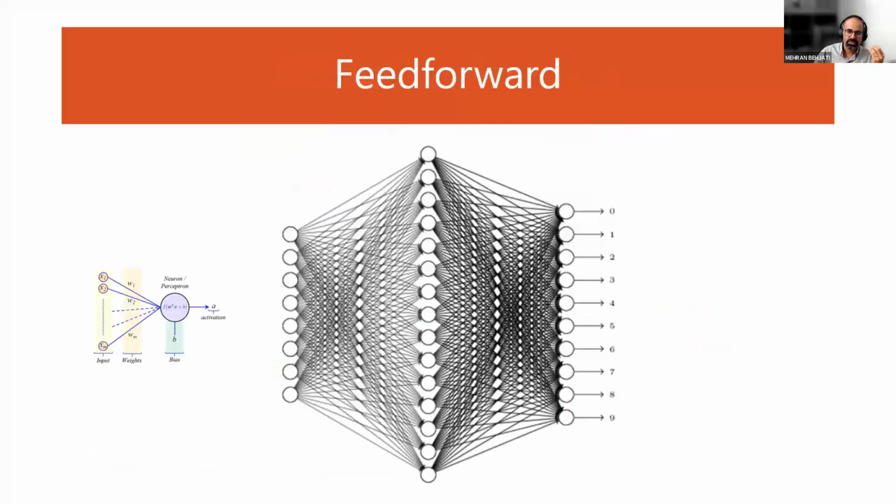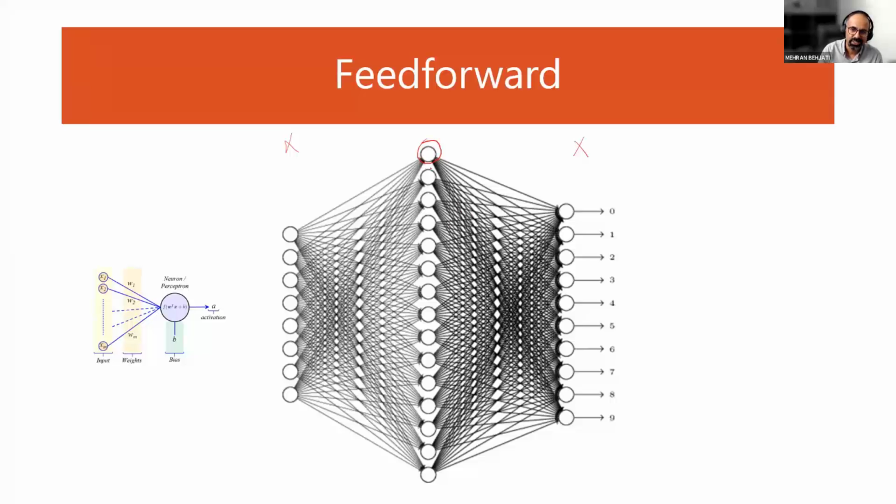Another terminology that we need to know is feed forward. Feed forward is moving from the input layer to the last layer. The operation that we discussed in the previous slide was only for one single neuron.